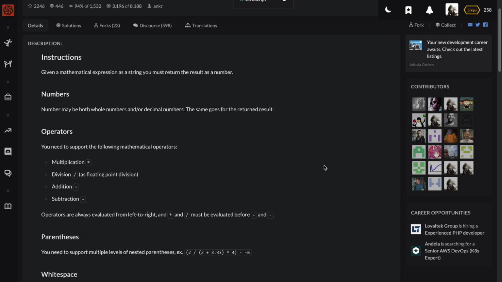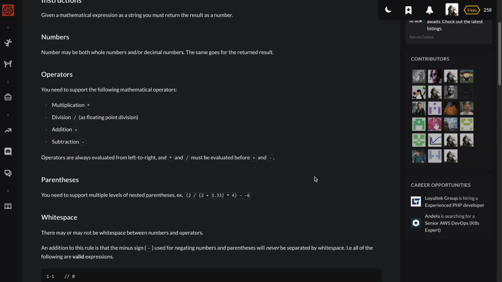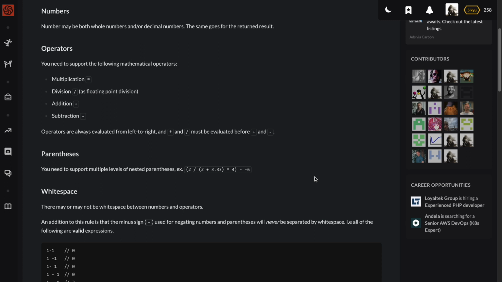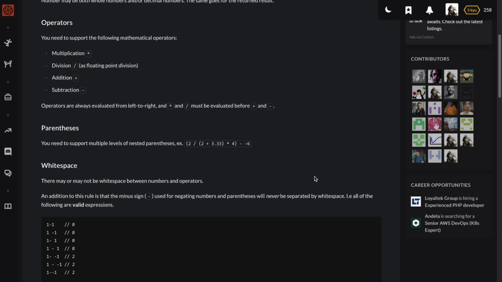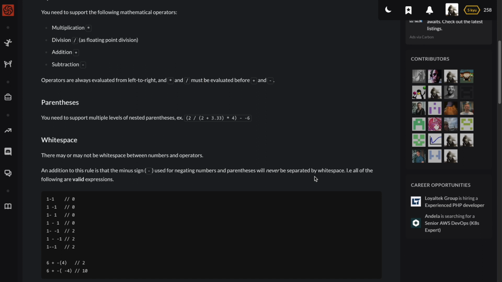Nothing too crazy there. And we have to support parentheses. So we have expressions that have parentheses in them, as well as expressions that have parentheses within parentheses, and we have to be able to evaluate that as well. White space, there may or may not be white space between numbers, and the minus sign can definitely throw us for a loop.